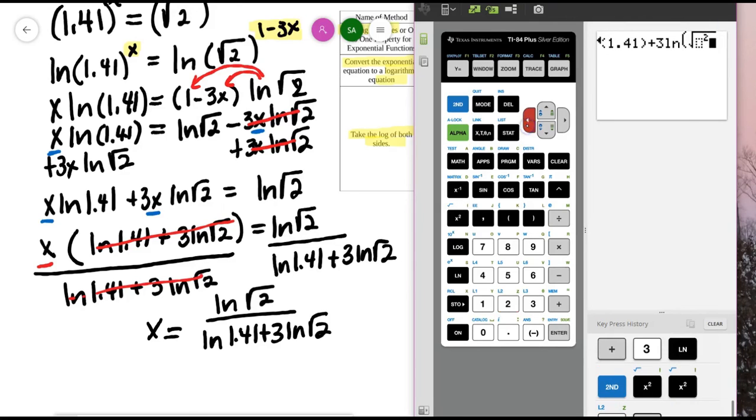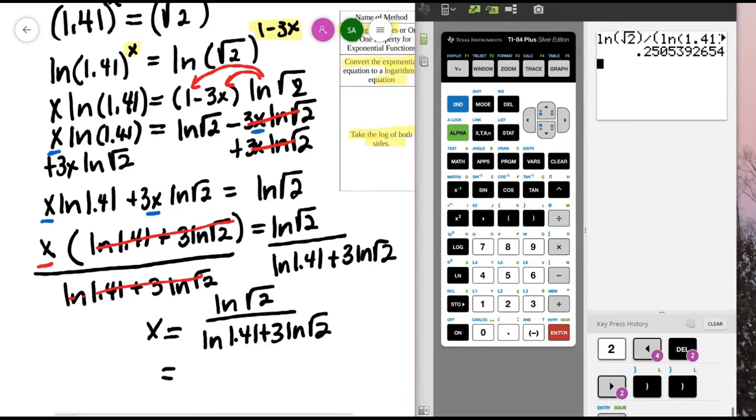Let me back up there and delete a few things. Okay, there we go. Natural log square root of 2, close parenthesis for the log, close parenthesis for the whole denominator. And to round that to 4 decimal places would be 0.2505.